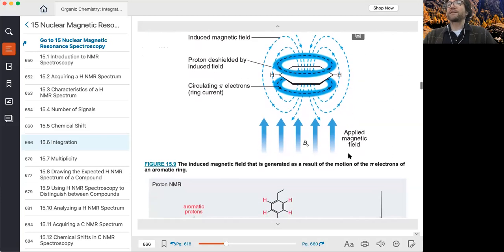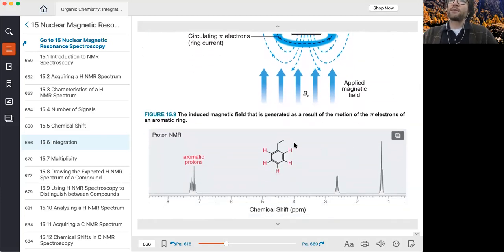If we look at a spectrum of ethyl benzene here, each of these protons is now around 7 ppm, compared to the two alkyl shifts around 1 and around 2.5. What's key to see here is that it's not just the protons on the outside of the ring that are affected.